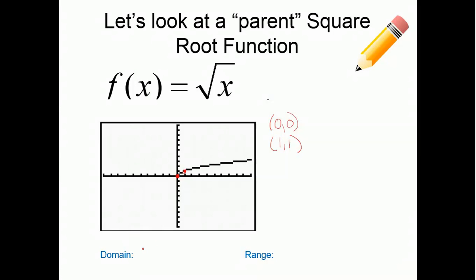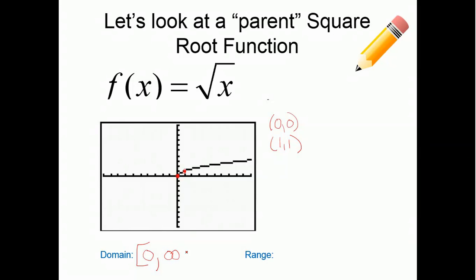Domain, remember, is all your x values. The furthest x on the left-hand side, the least amount of x, is 0, right? Because I don't cross over here, but I do hit at 0. So I'm going to start at 0 and go off to positive infinity, because I'm going to get all the positive x's.